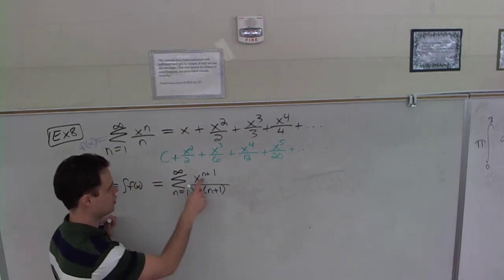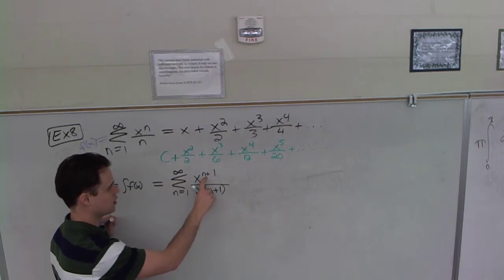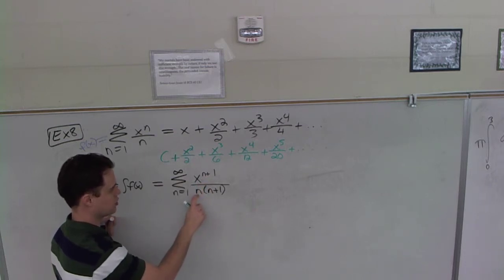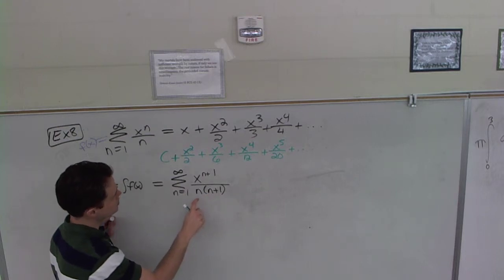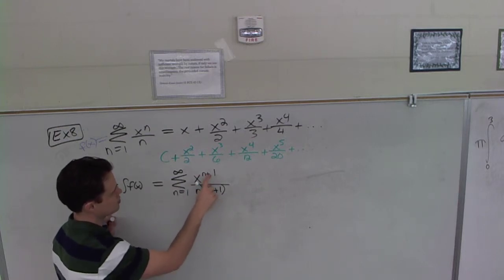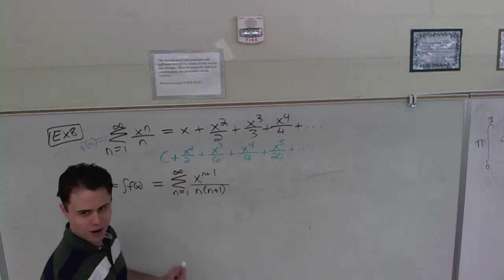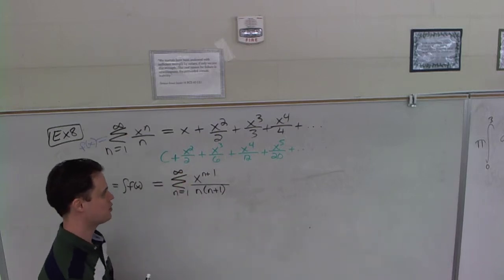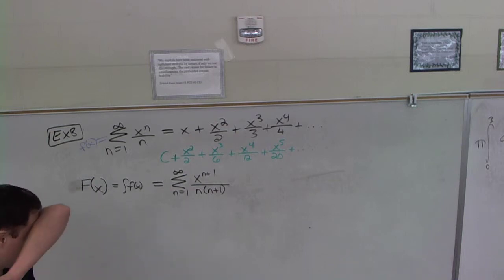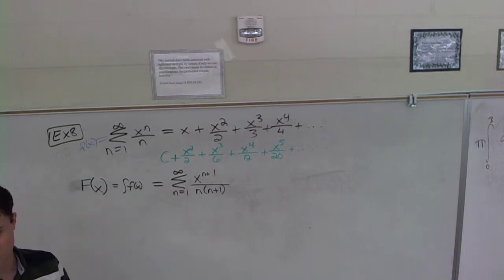Plug in 1 for n, and you get x squared over... Do I have a mistake? So you get x squared over 2 times 2 is 2. Okay. I cannot do basic arithmetic today. I'm sorry. My class hour screwed me up or something. So it's working. Man, that's bad.